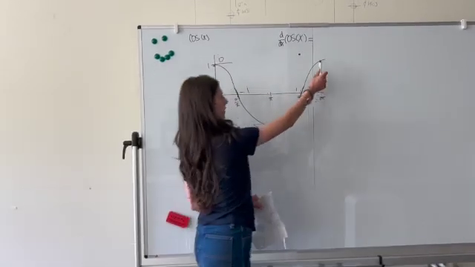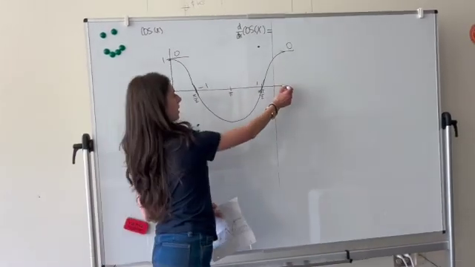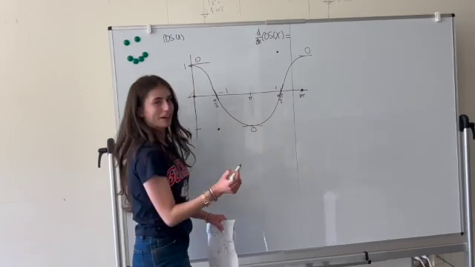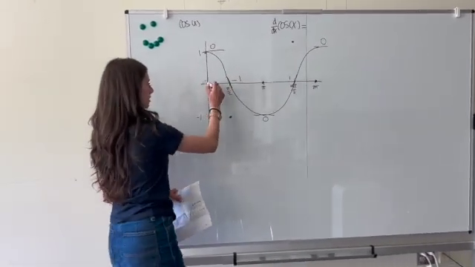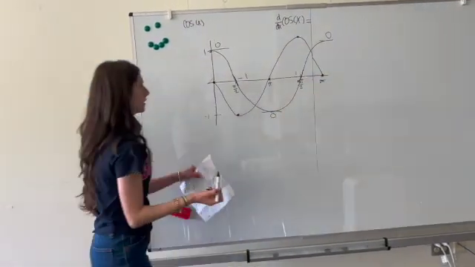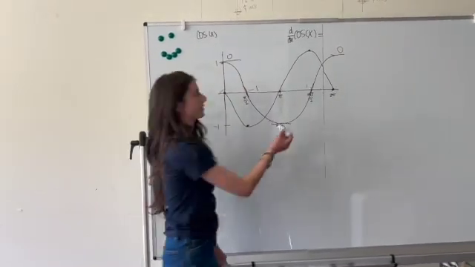And here, the slope of a tangent line is 0, so I'm going to add a dot at 0. And here, again, the slope of the tangent line is 0. I'm going to add a dot here. Now we can connect our dots, just like that, and we notice that the derivative of cosine is actually negative sine.